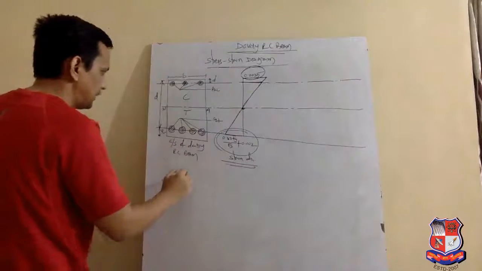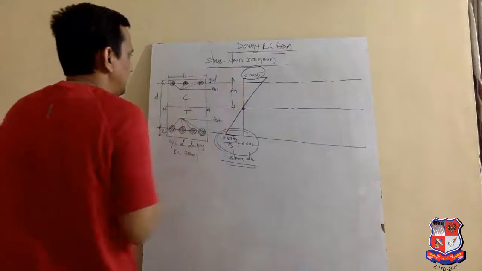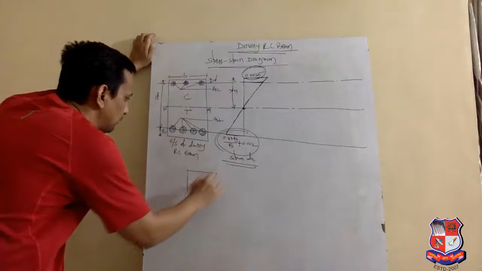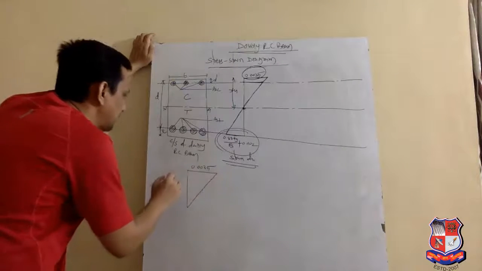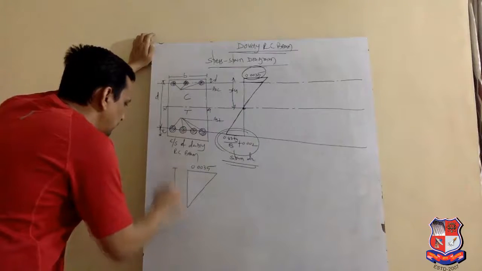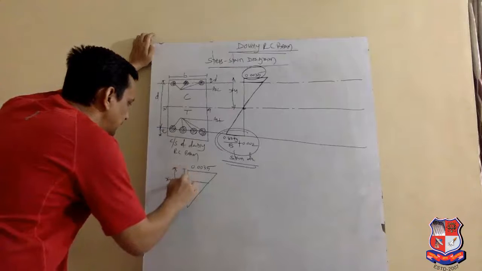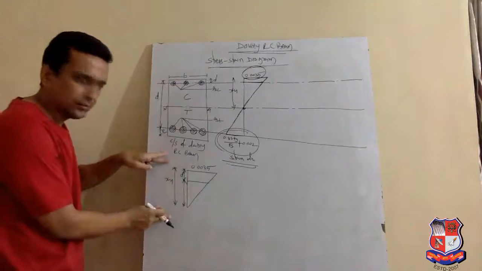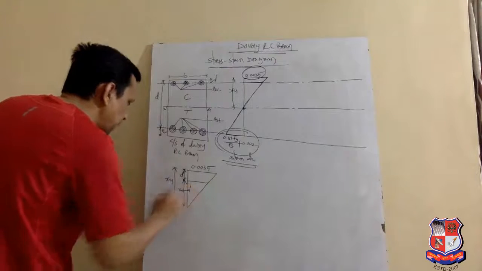Say, I just draw here, and this is the depth of neutral axis, XU, right? This is 0.0035, this is XU, and this is d dash, right? So what will be this height? This is XU, this is d dash, so I can write XU minus d dash.